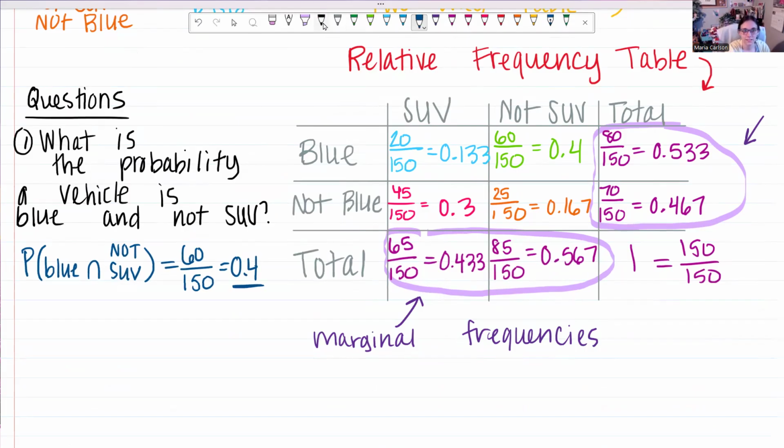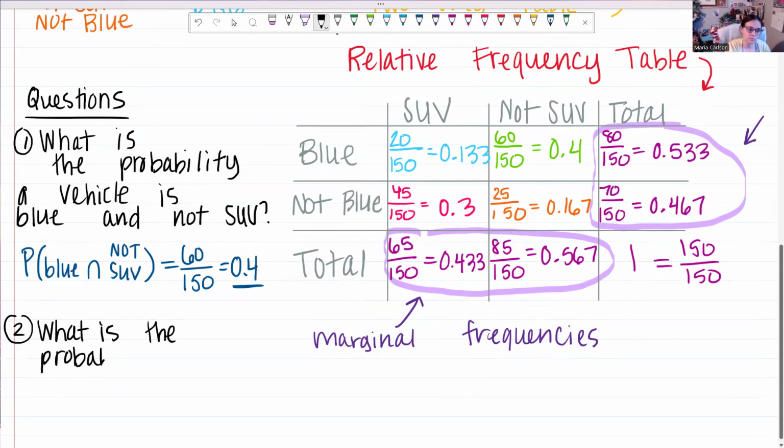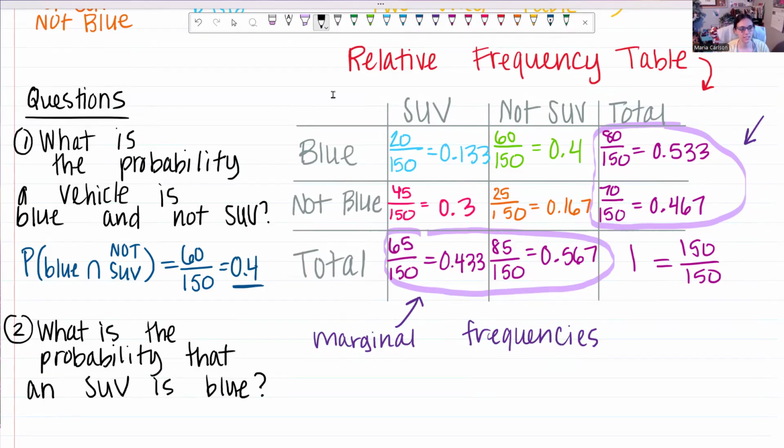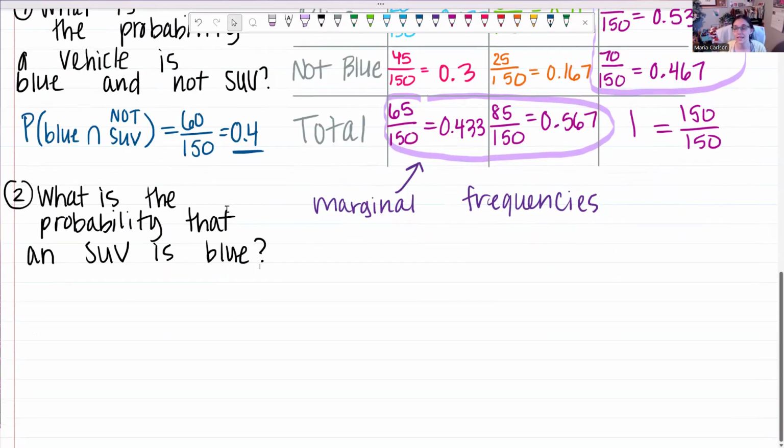All right, number 2. What is the probability that an SUV is blue? So this is kind of a different type of question because it is not just asking what is the probability that a vehicle is an SUV that is blue.